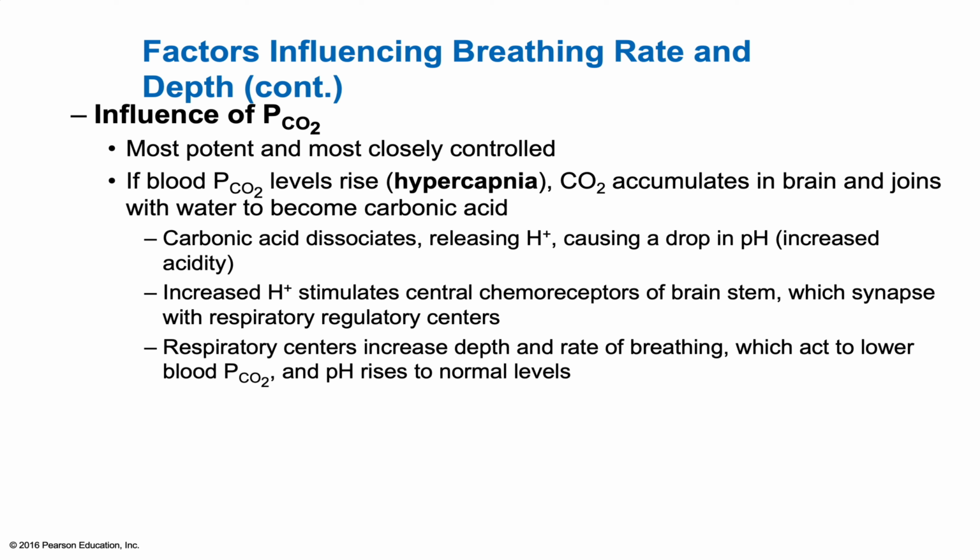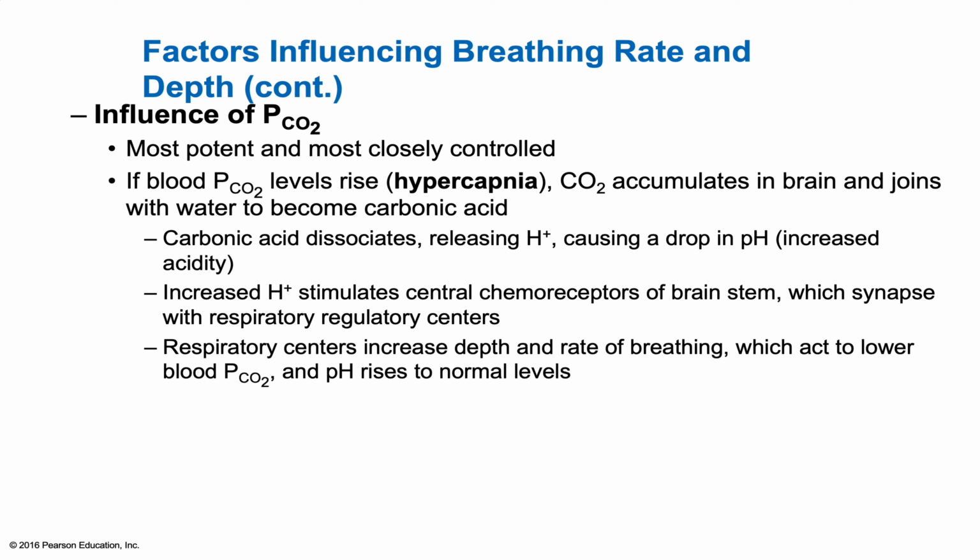The resulting increase in hydrogen ions excites the central chemoreceptors of the brainstem, which synapse with the respiratory regulatory centers, and in return, the depth and rate of breathing increase. The resulting enhanced alveolar ventilation quickly flushes carbon dioxide out of the blood. This in turn raises blood pH back to its normal level.